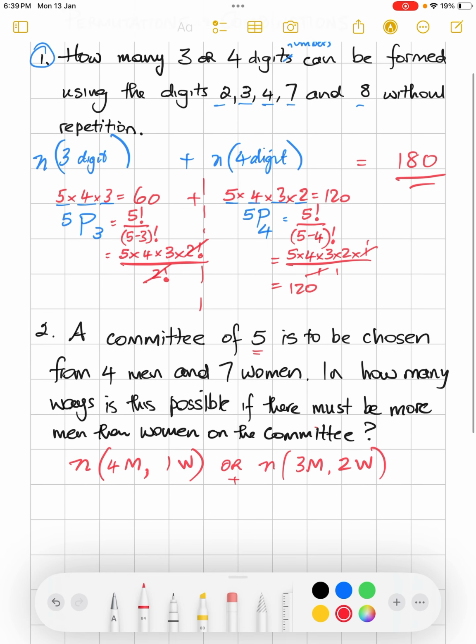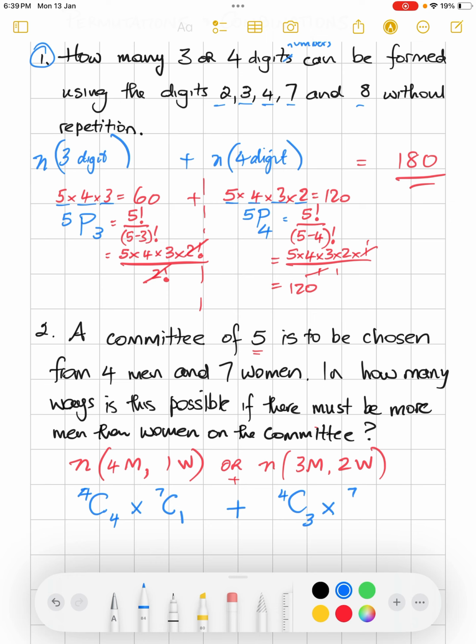So we can say that this is from 5 men, we want a combination of 4. And from 7 women, we want to choose 1. Now here, it is from 5 men, we want to choose combinations of 3.